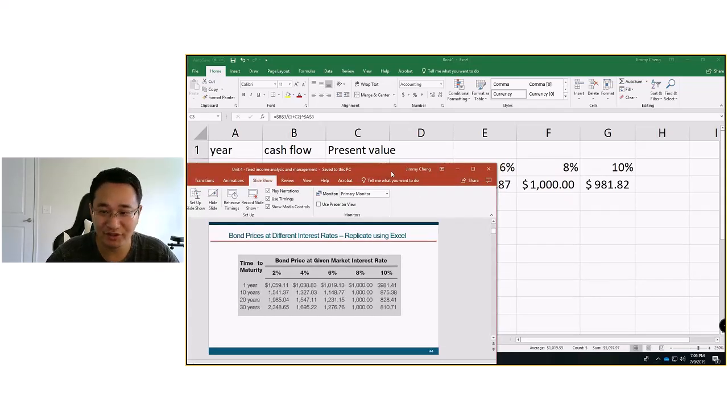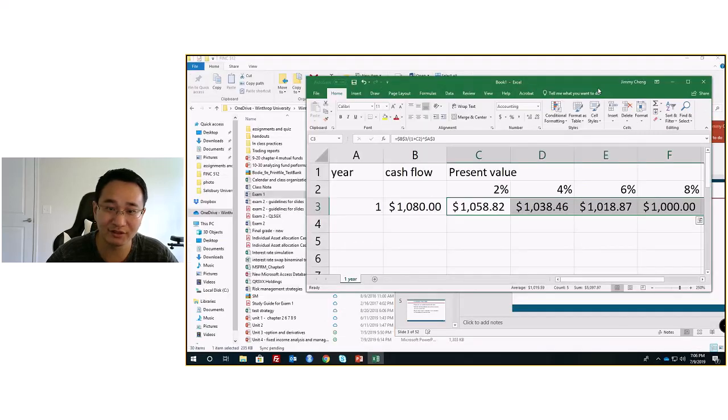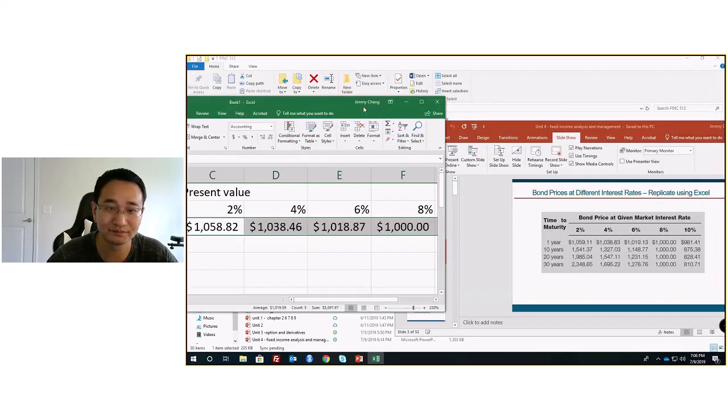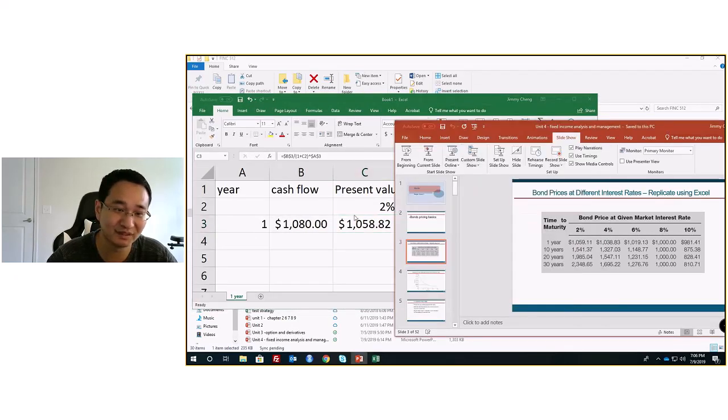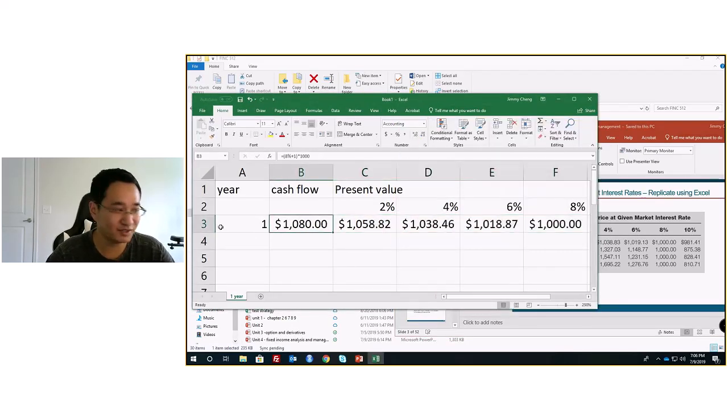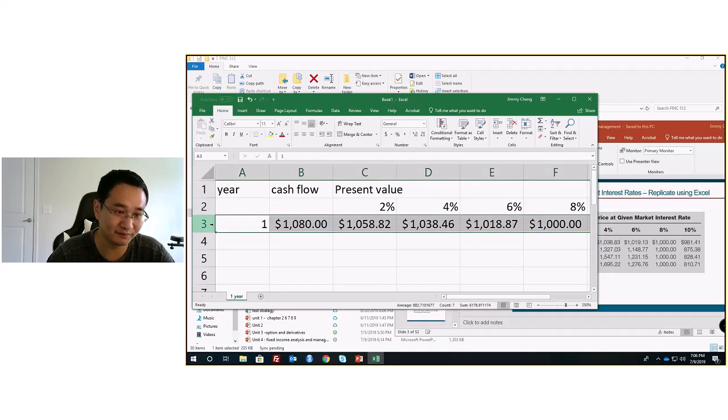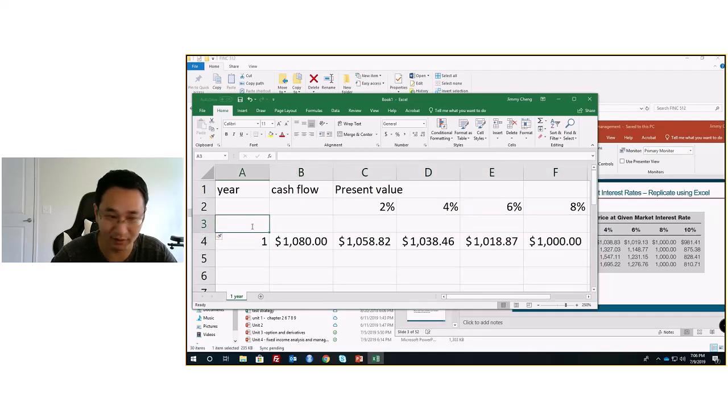It's a little bit different. Do you guys know why it is different? Can anyone of you tell me why it is different? So it's different probably because they didn't do annual compounding. They probably did semi-annual. Cash flow. Oh, I think this is probably wrong. 8% plus 1.